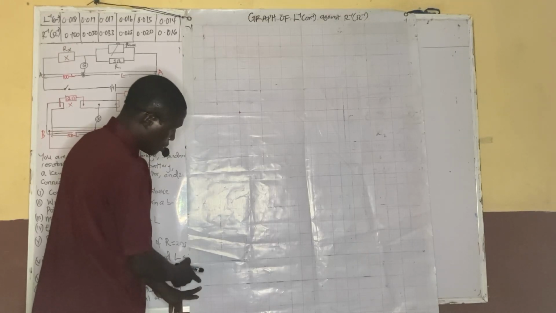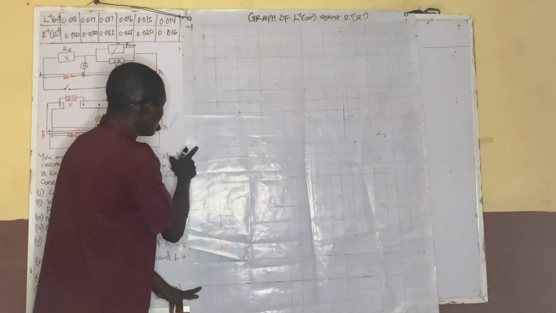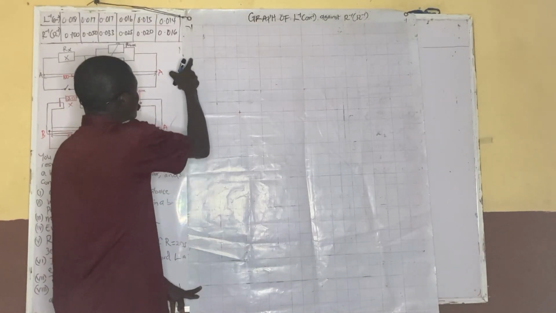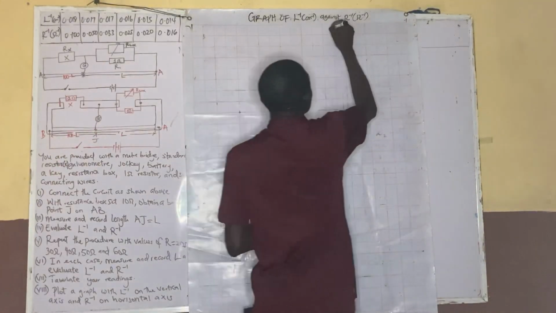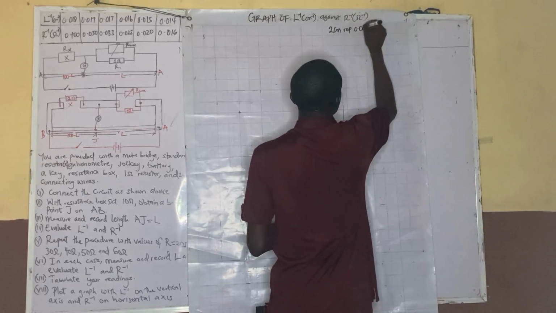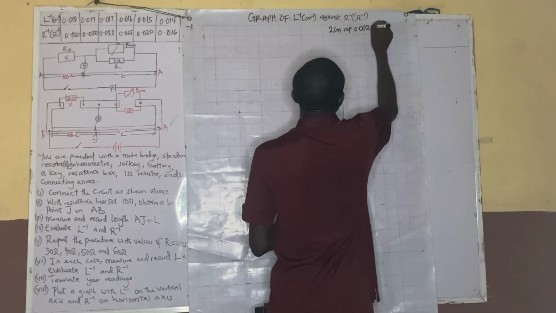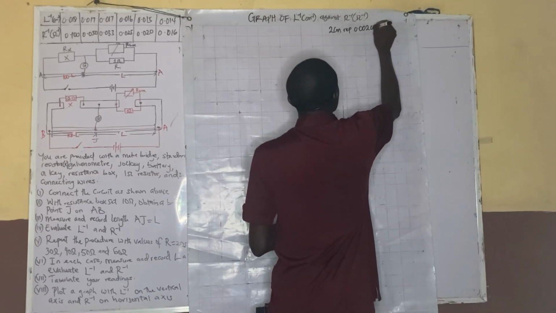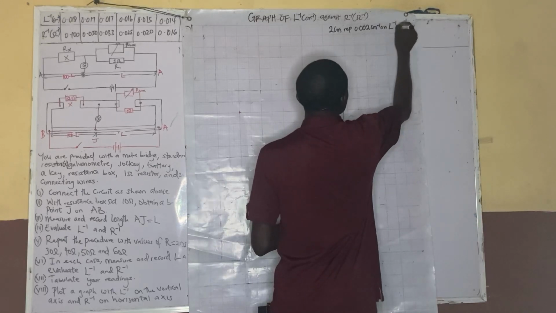From here to here is 1, 2, 3, 4, 5, 6, 7, 8, 9, 10. You can see now. So it's better we start from here. So we use 2 centimeter to represent 0.002 per centimeter on L inverse axis.